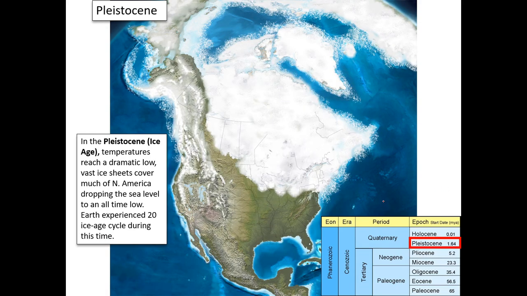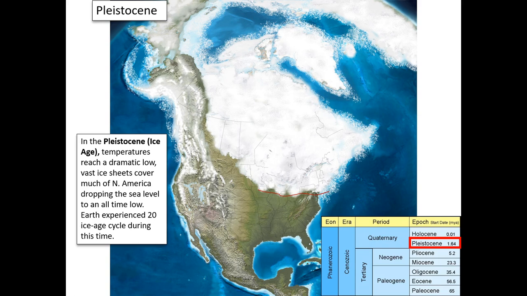And finally, during the Pleistocene, you get a dramatic lowering of temperatures, and vast ice sheets covering all the way down into Iowa, Illinois, Ohio, right? You had total glacial coverage of these states. Canada was almost totally covered with kilometers of ice.